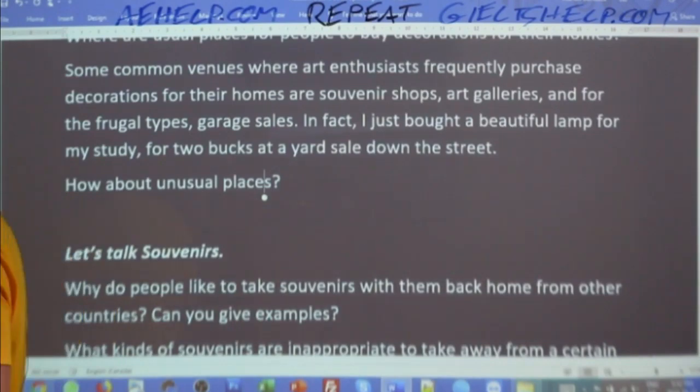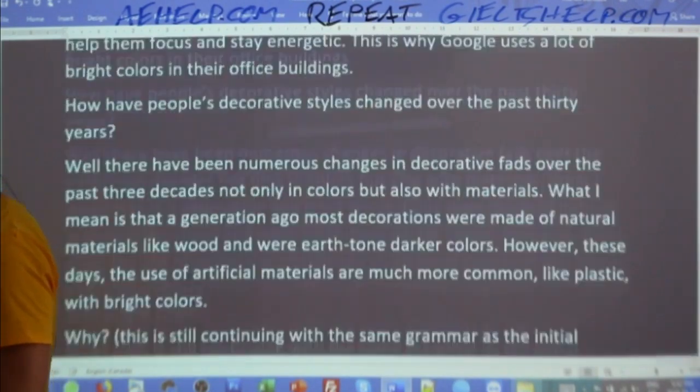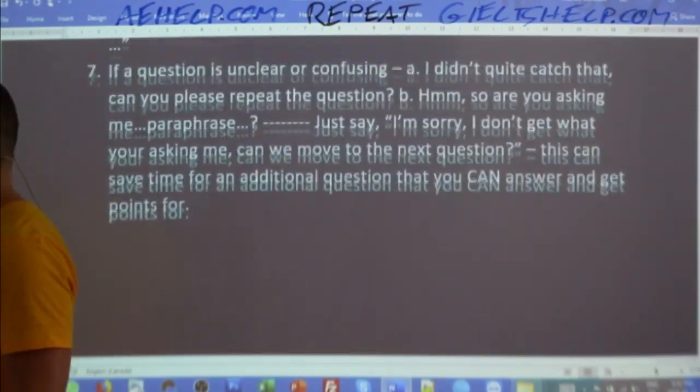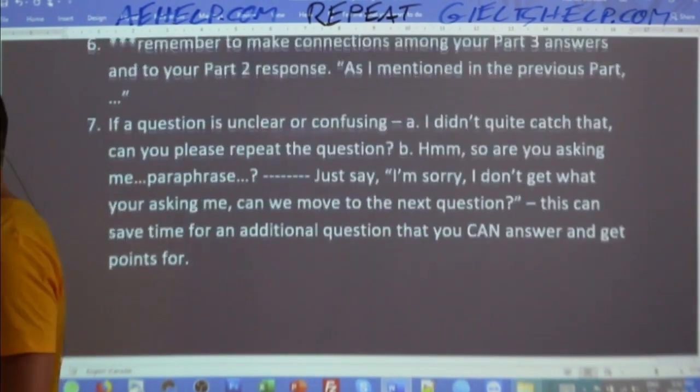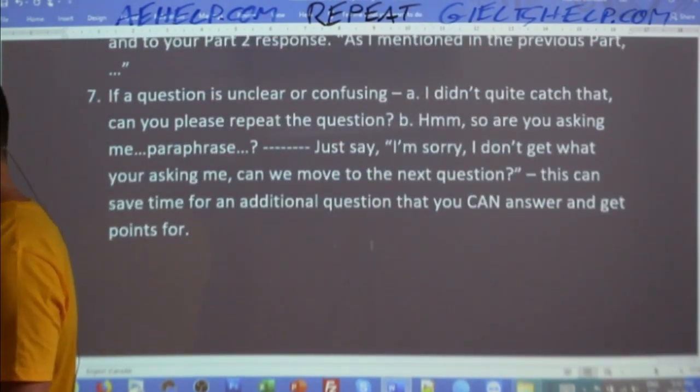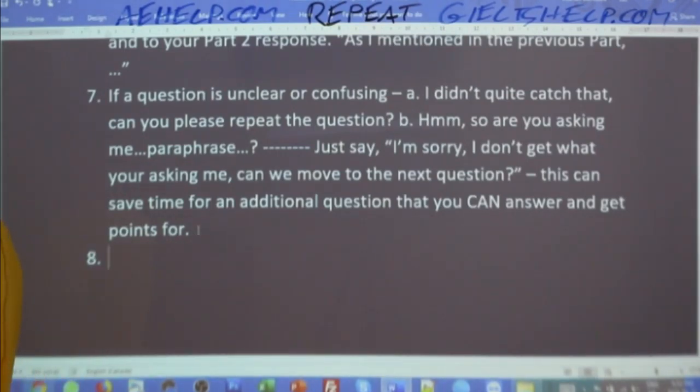So definitely self-correction is really good in English exams, including the speaking exam. If you make a mistake and catch yourself, this is another tip. This is tip number 8, okay?